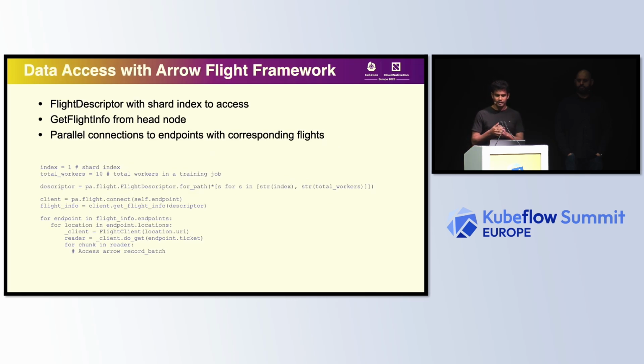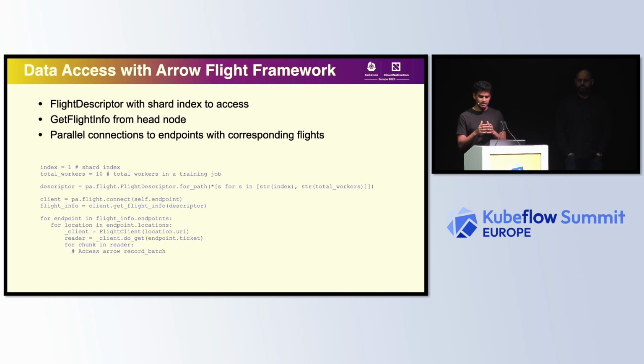So the slide describes key concepts with the Flight framework and Flight client that can be used to stream the data using the Flight API. It talks about creating a Flight descriptor, which describes the identifier to access the data shard, and the client passes this info to the head node with the get flight info call to fetch the flights. Each flight consists of an endpoint to access and a ticket that's required to pass to the data node to access that specific shard.